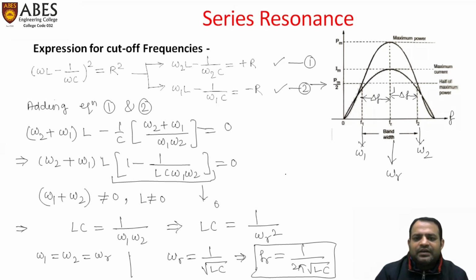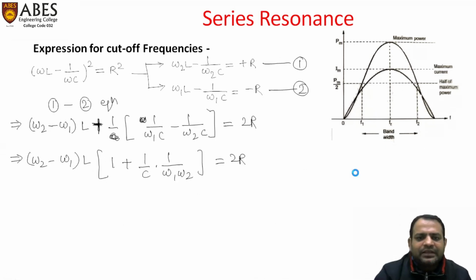So L is equal to 1 upon omega 1 omega 2 C. Replacing 1 upon omega 1 omega 2 C with L, and since L is also taken outside, this is our 1.